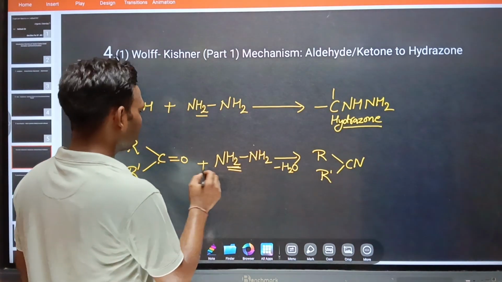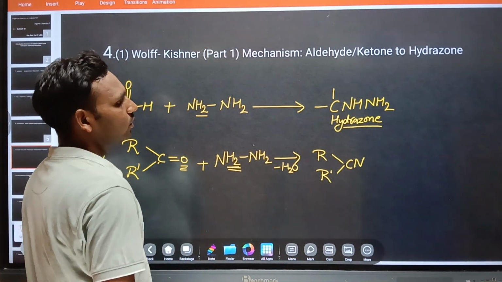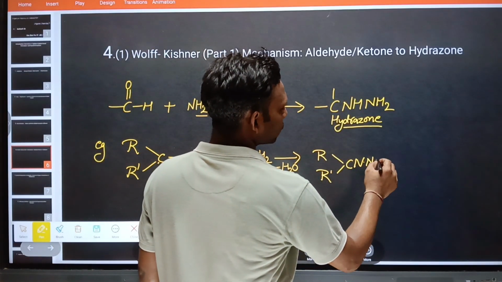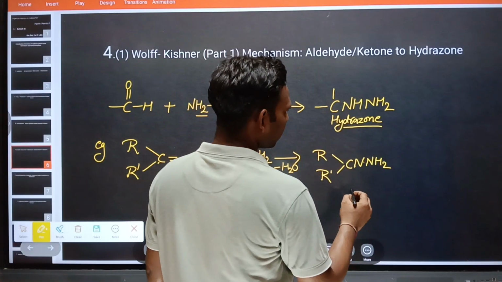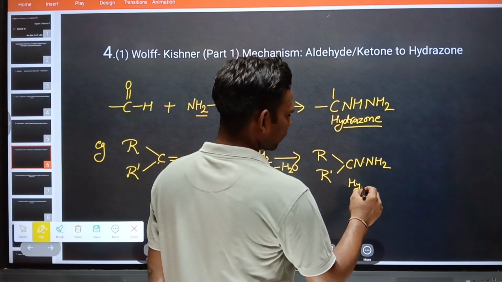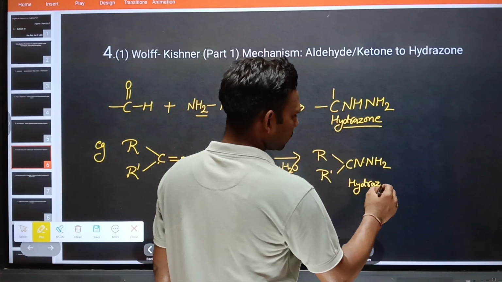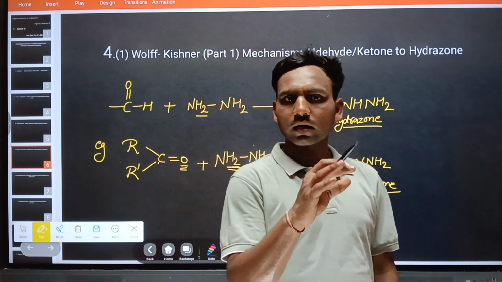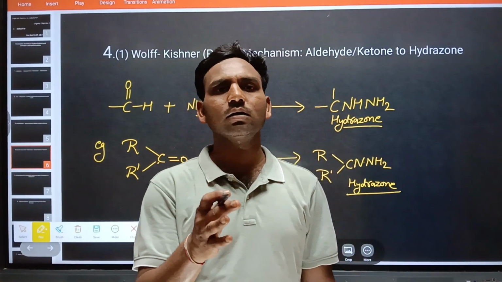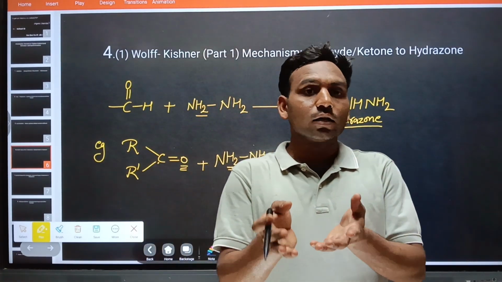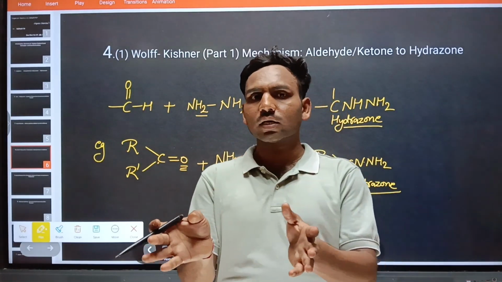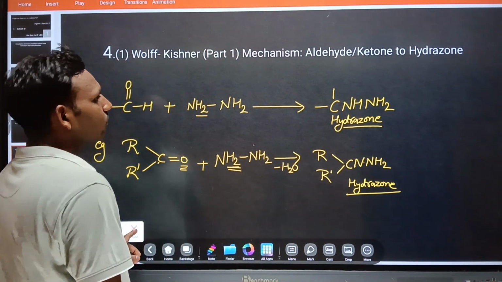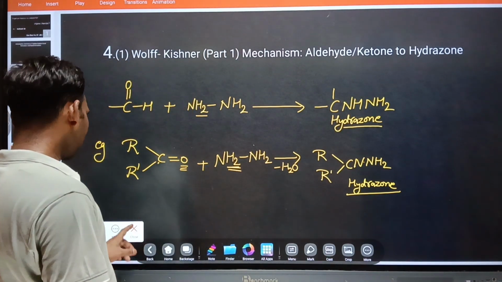The H2 and oxygen, water molecules are removed, and NH2 combines, then the hydrazone forms. That means any aldehyde or any ketone when reacting with hydrazine removes the water molecule and forms the hydrazone compound. Okay, I hope you understand.